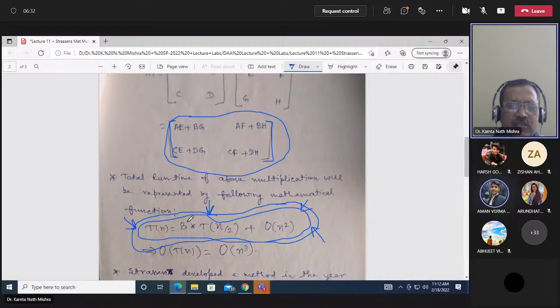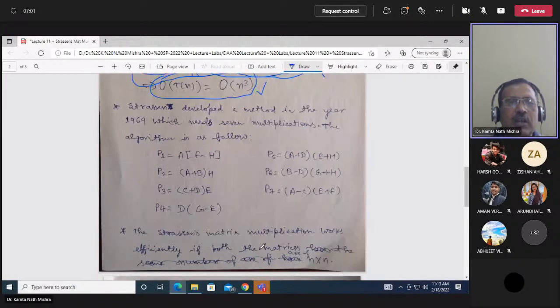Here 8 is representing that brute force matrix multiplication uses 8 multiplications, which is why we are writing T(n) equals 8 into T(n/2) plus n square. And when you compute it using Master's theorem, we will get its order as big O of n cube. This is about the brute force.